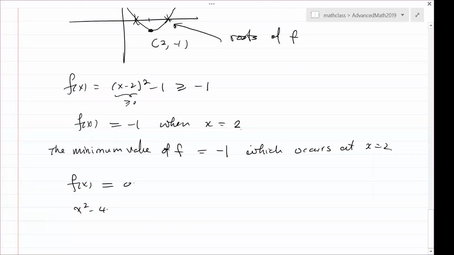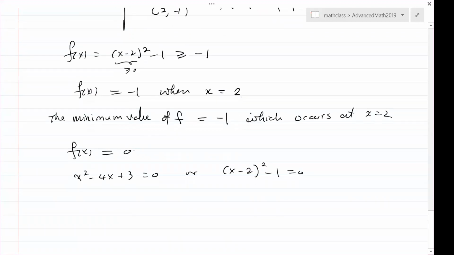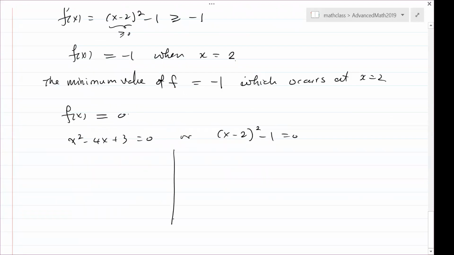That means x squared minus 4x plus 3 equals 0. But we also have this form equals 0. I think the second one is better to solve. That does not mean that you cannot solve the first one. For the second one, I can move -1 over to the right side. Then (x minus 2) squared equals 1.